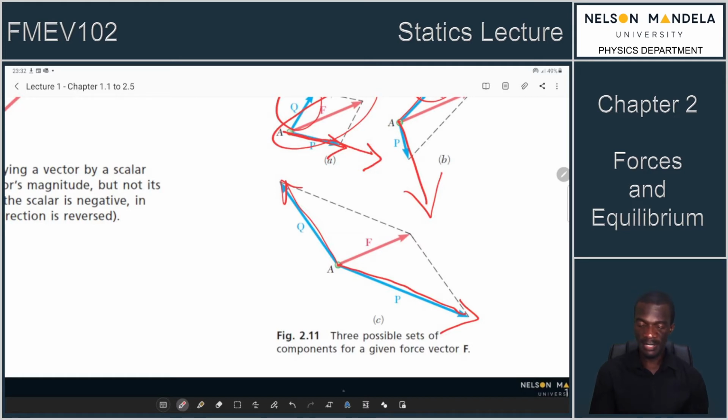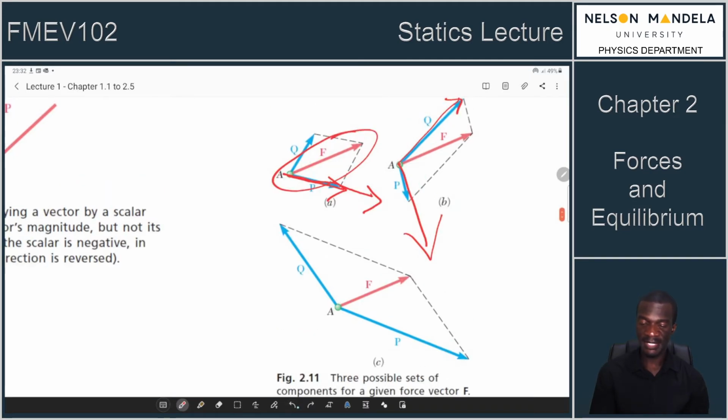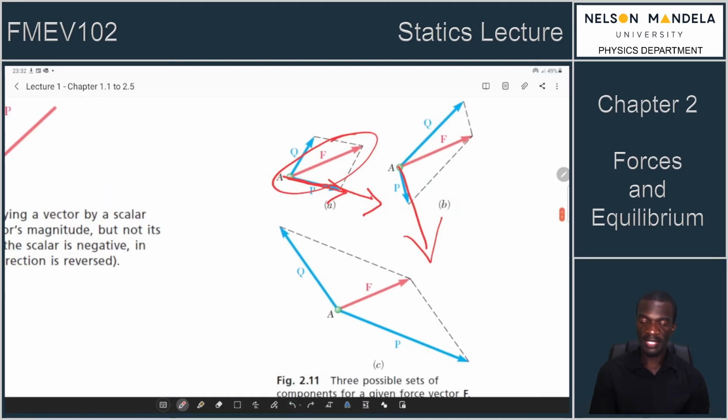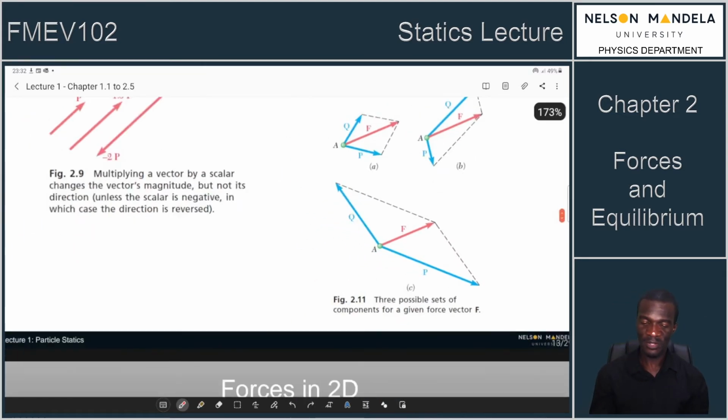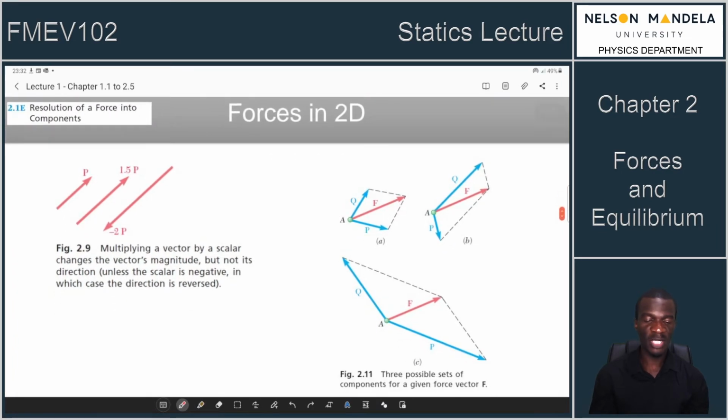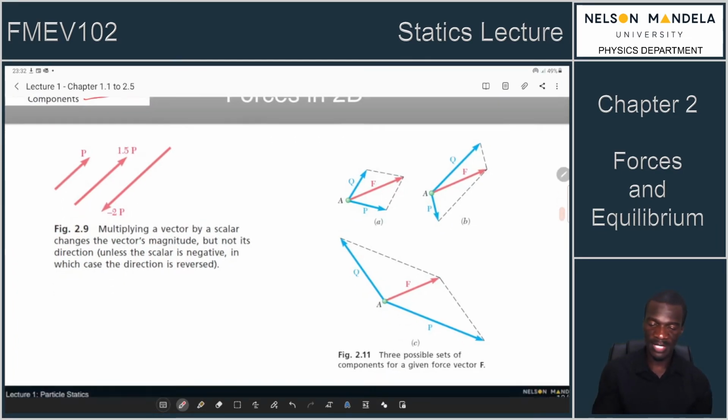So basically, this principle states that when you are given a force, you can construct its components by simply breaking it into two parts. Those two parts should reconnect as a parallelogram so that that force appears as the resultant of the two components. In fact, it actually is. So this is a principle on the resolution of a force into components.